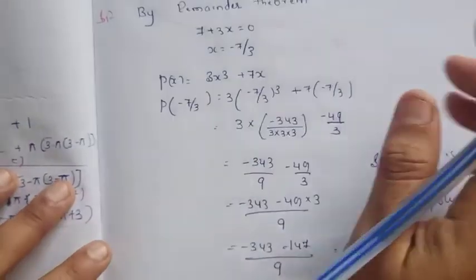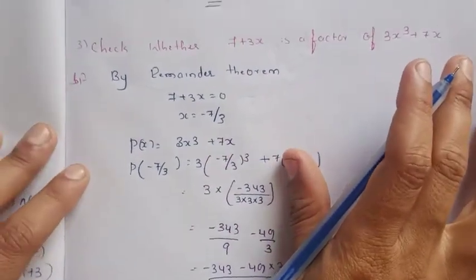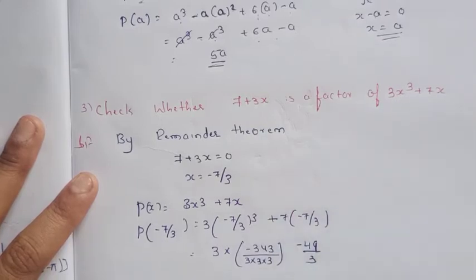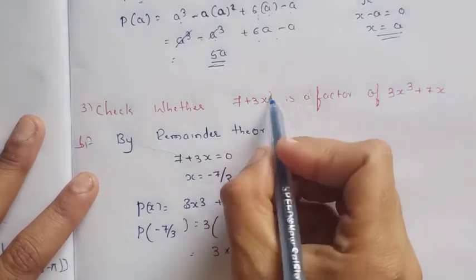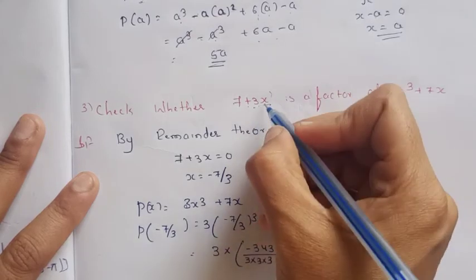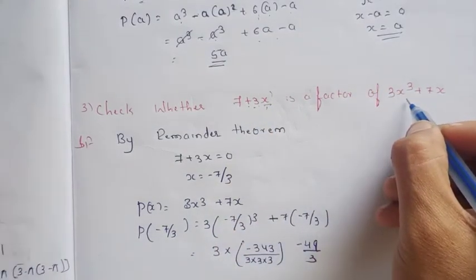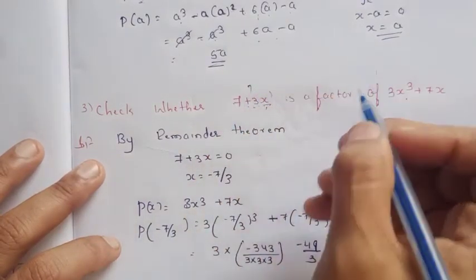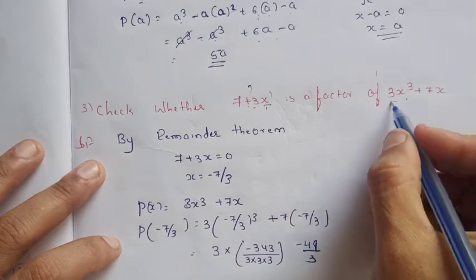So in the same way we should solve now. We should check now whether 7 plus 3x is a factor of 3x cube plus 7x. Means we should see whether 7 plus 3x is a factor of this or not. We should get a remainder of 0. Then only we can say it is a factor of this equation.